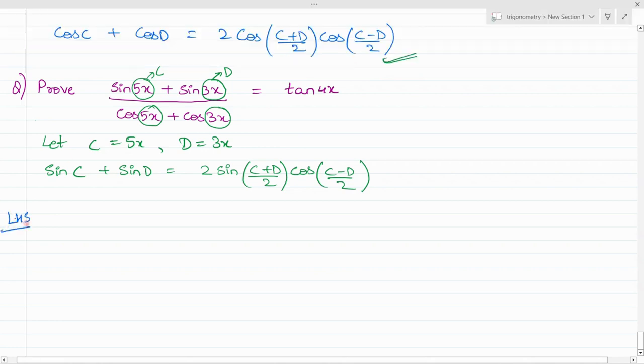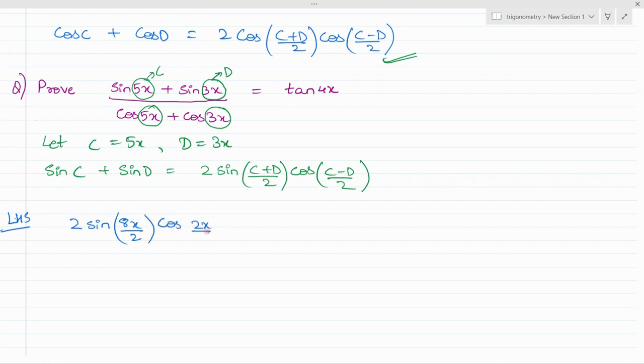From the LHS, substitute these values here, which becomes 2 sin (C plus D), which is 8x by 2, into cos (5x minus 3x), which is 2x by 2, upon, use this formula now.